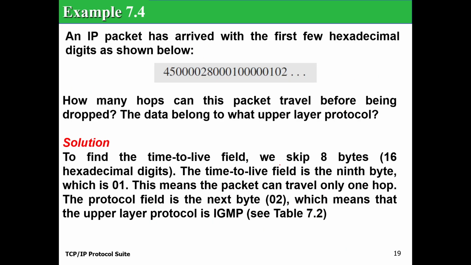Let's take one more example. An IP packet has arrived with the first few hexadecimal digits as shown below. How many bits is a hexadecimal digit? So the four, how many bits is the four?